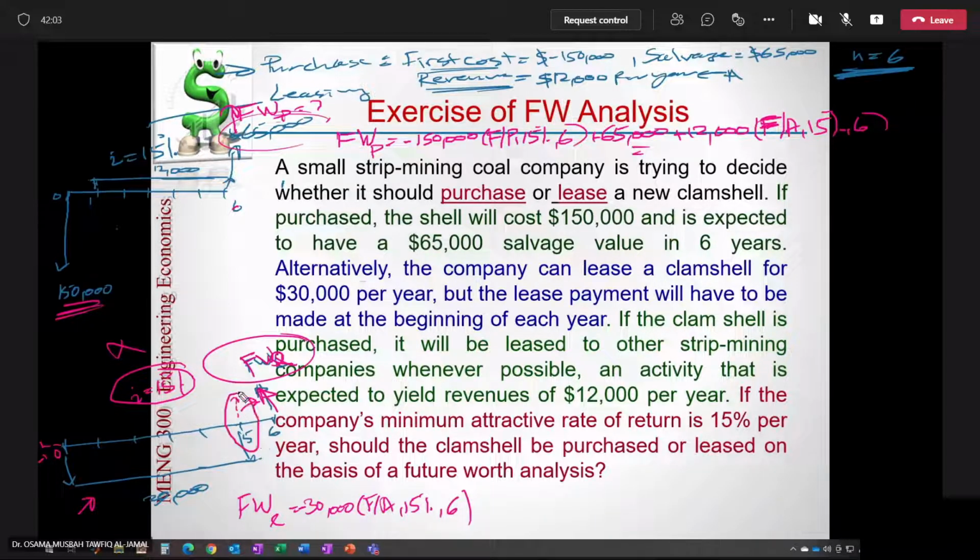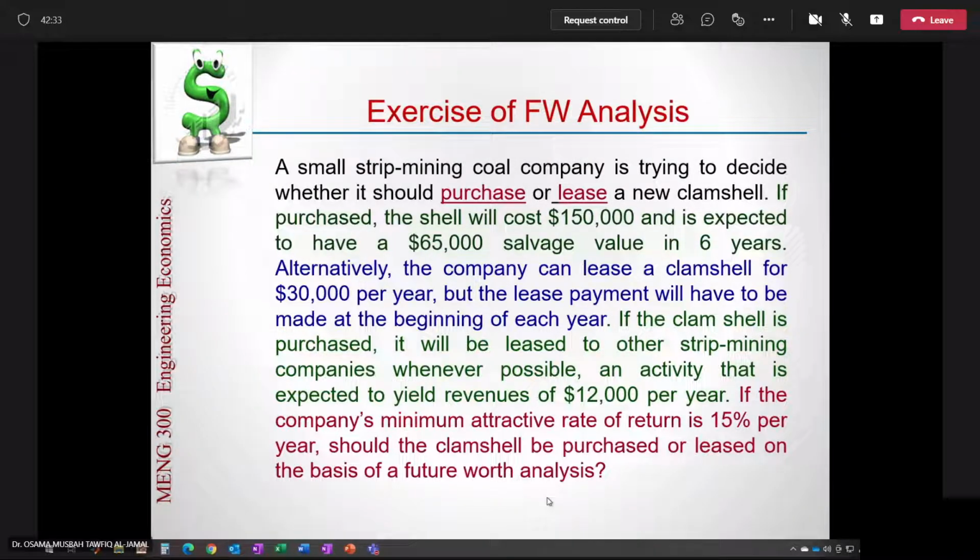We are at year 5. Actually, we need to be at year 6. So we need to shift it now from year 5 to year 6. F given P, this will be the present worth in here for that year, 15%, 1 year. This is for standard notations. Then you need to find the answer from those.